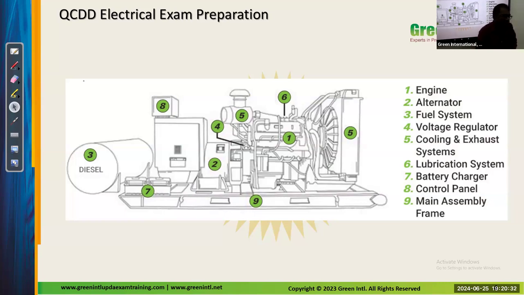We need an alternator, which is used to produce electrical energy when given mechanical input. The alternator is coupled with the prime mover, and the prime mover needs to rotate, which needs some fuel. That's why we have a fuel tank. These are the important things.